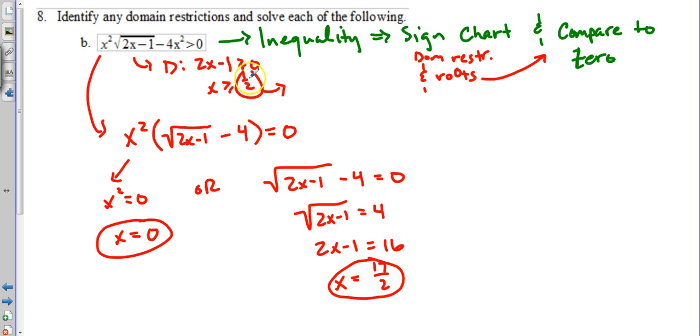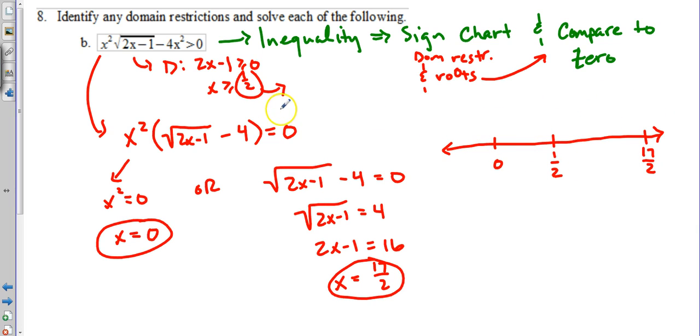Here's my domain restriction. All of those things need to go into my sign chart. So we'll make our sign chart over here. I would plot my 0, and then my 1/2, and my 17 halves. This isn't drawn to scale, but we don't necessarily need it to be. We just need to know what the signs are on these things.